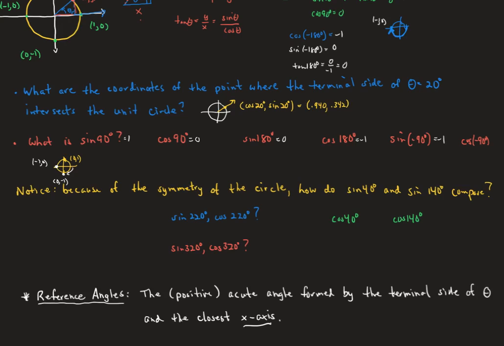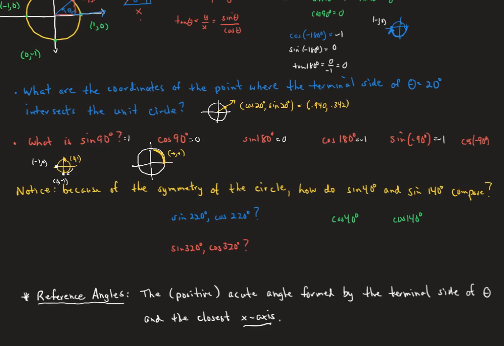Now, let's just talk for a brief moment, because the sine, cosine, and tangent will come from which quadrant it's in. We can see that for any angle in quadrant 1, so any angle between 0 and 90 degrees, both the cosine and the sine will be positive.